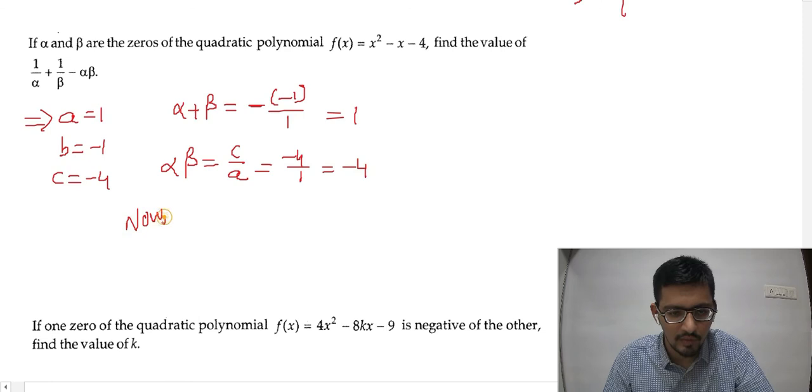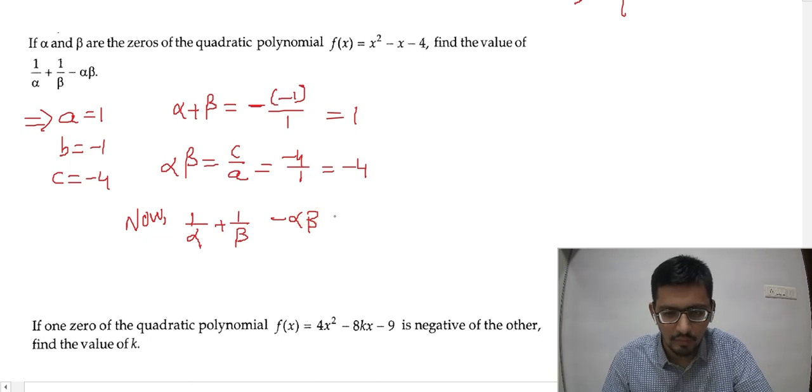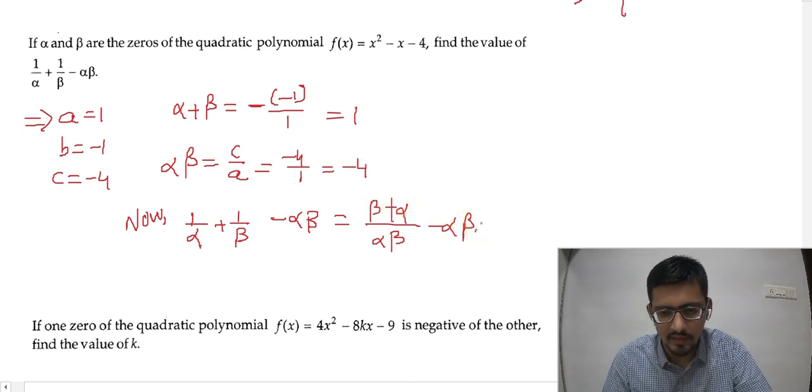Again, whose value do we need to find now? 1 over alpha plus 1 over beta minus alpha beta. So again, grouping the first two terms and taking the LCM alpha beta, I'll get beta plus alpha, minus alpha beta as it is. What is beta plus alpha? You will get 1. Alpha beta is minus 4. This minus as it is, and alpha beta again minus 4.